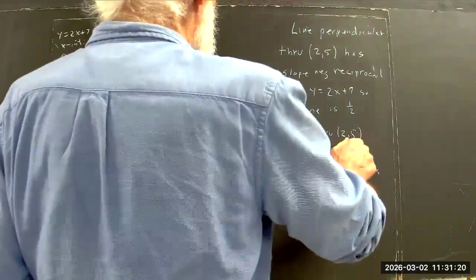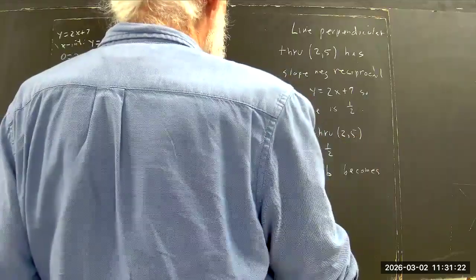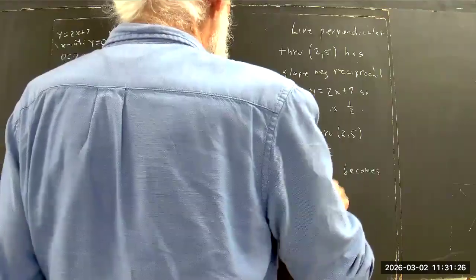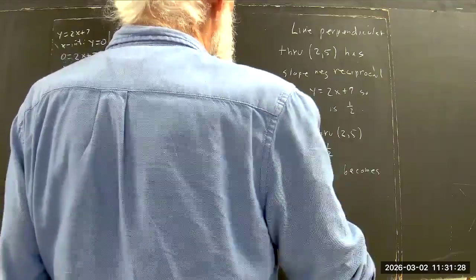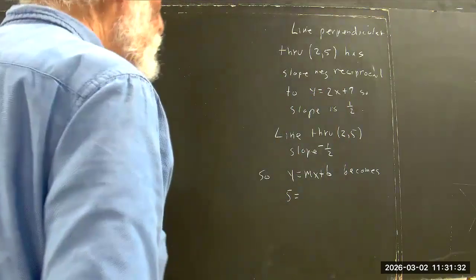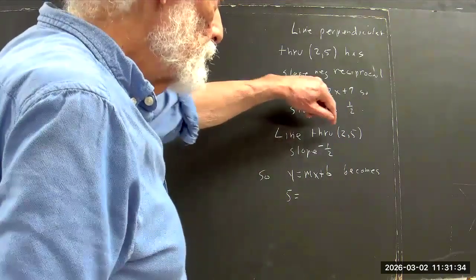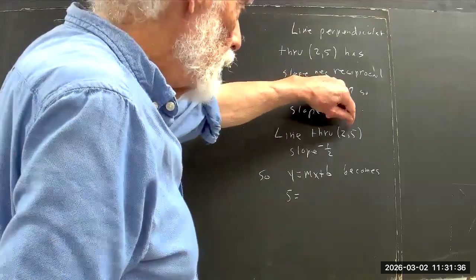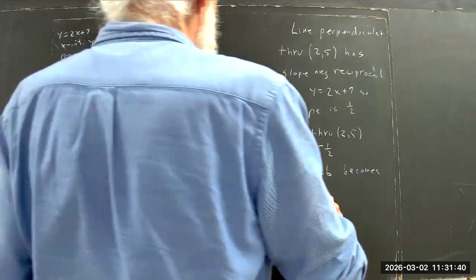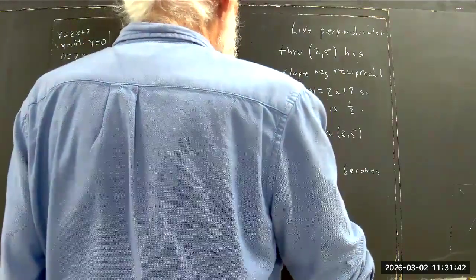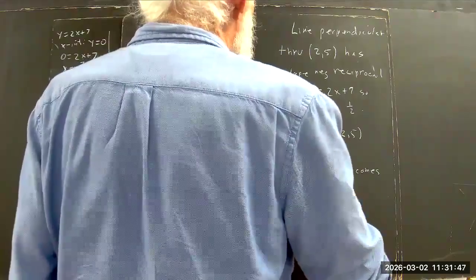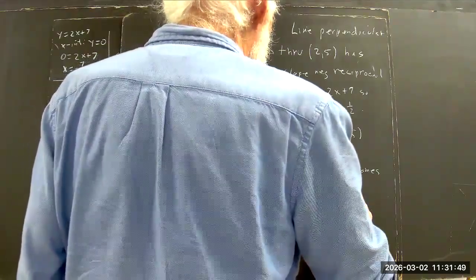y equals 2 at the point (2,5), y equals 5 at the point (2,5). Slope is m, which is 1/2, and it's the negative reciprocal. I didn't put the minus sign in. So again, we're doing the line through (2,5) with a slope of negative 1/2. So we're going to replace m, in this case, by negative 1/2, x plus b.